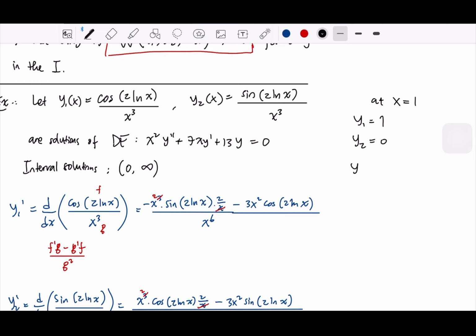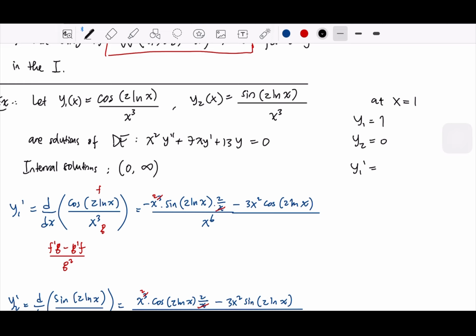And then y1 prime, we take x equal 1 here, this is 0, and cos 0 is 1, 1, negative 3.